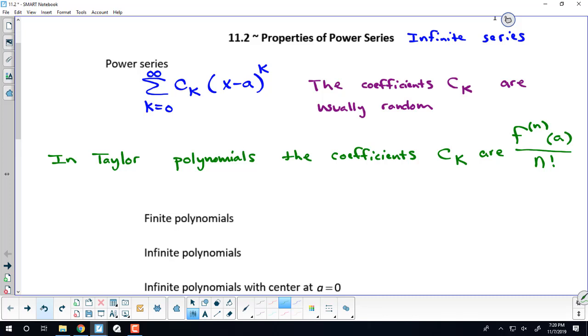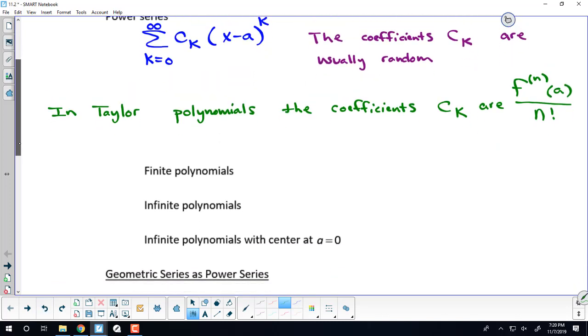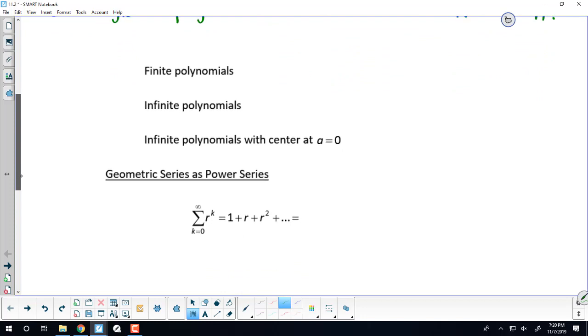So when we move back and look at a more general series, every Taylor series or every Taylor polynomial in effect is a power series, but not every power series is a Taylor series or a Taylor polynomial. So this is the more generic thing. In 11.1 we looked at finite polynomials, which were the Taylor polynomials.